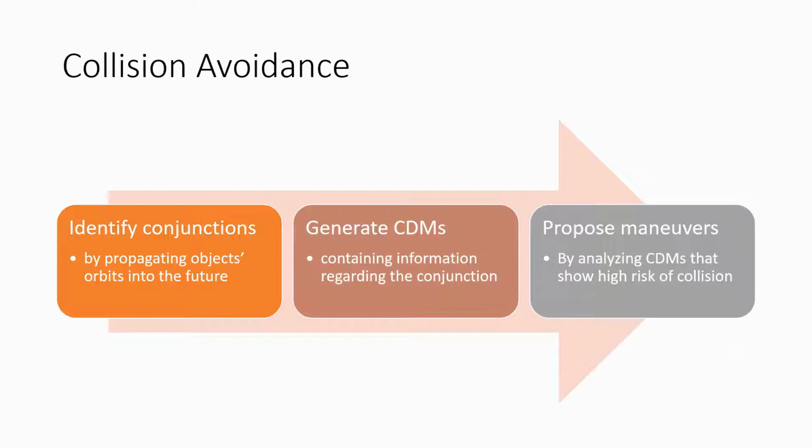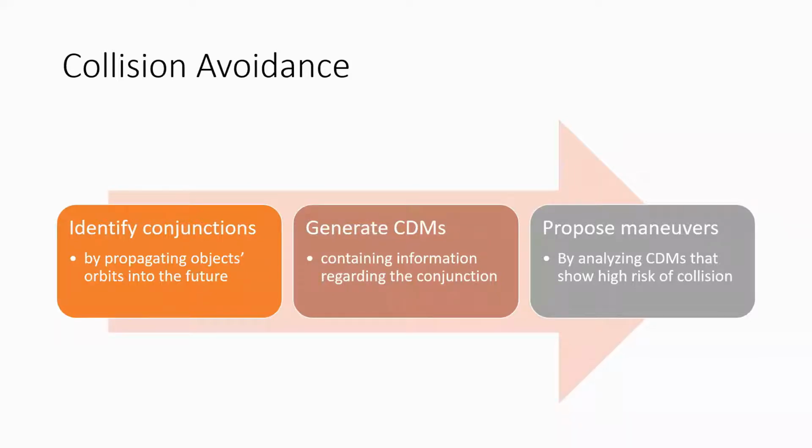routine space operations. In general, debris avoidance maneuvers are planned when the probability of collision reaches about 1 in 100,000. So if the probability is greater than 1 in 100,000, a maneuver will be conducted if it will not result in significant impact to mission objectives.